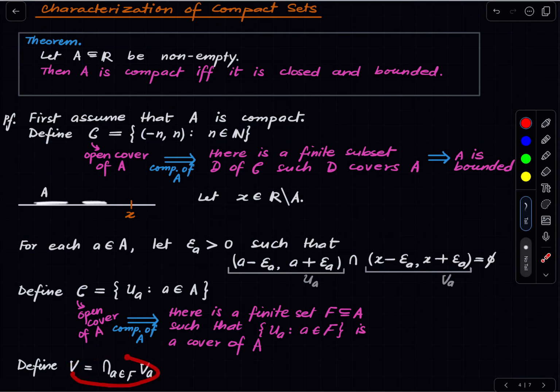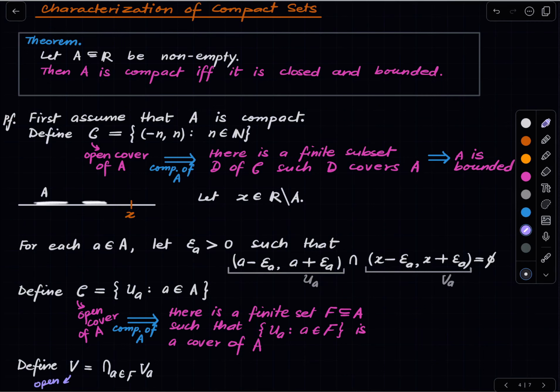So we claim this capital V is a non-empty open set. It is non-empty because every V_a contains x, and hence this thing contains x. But V is the intersection of finitely many open sets, F being a finite set, and hence V is open. So we need to be very clear that we have shown that this is an open set which contains x.